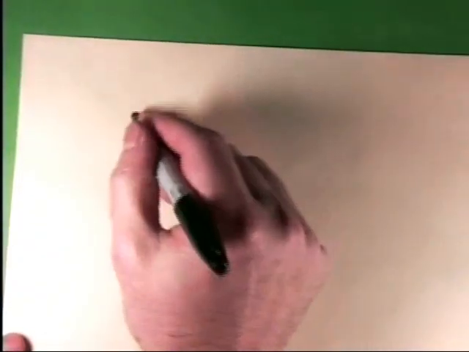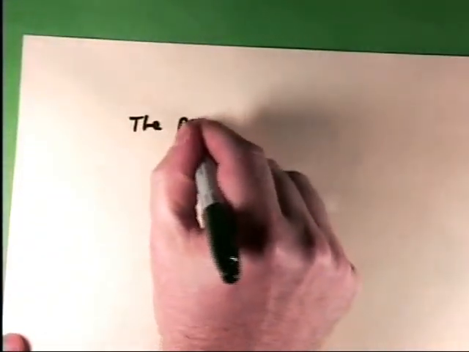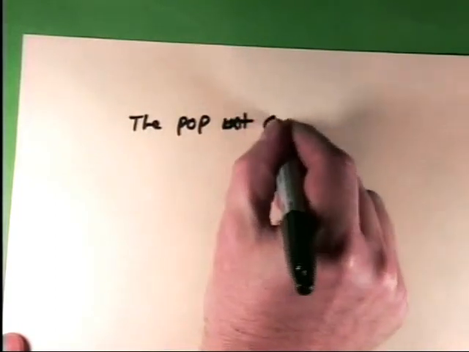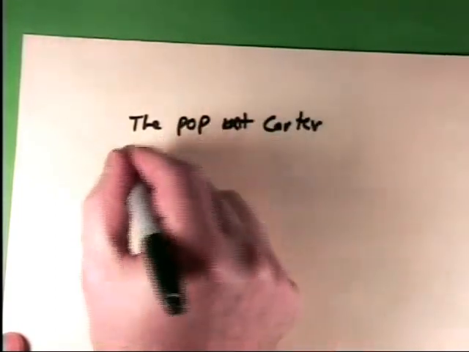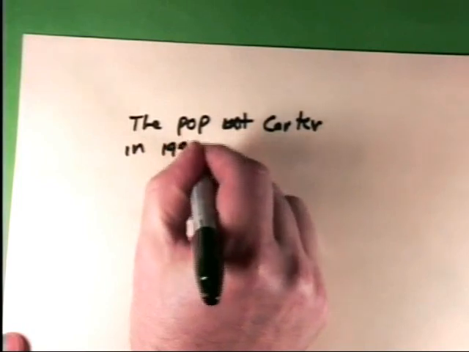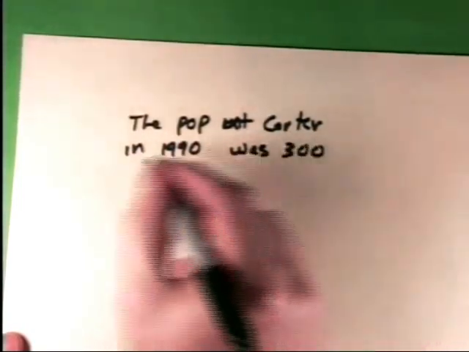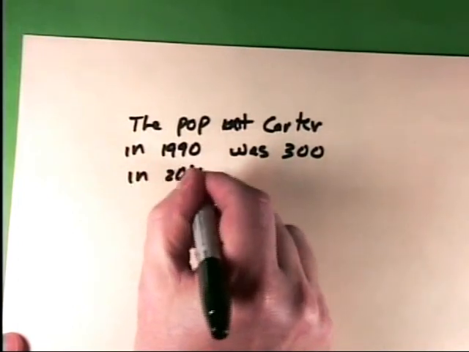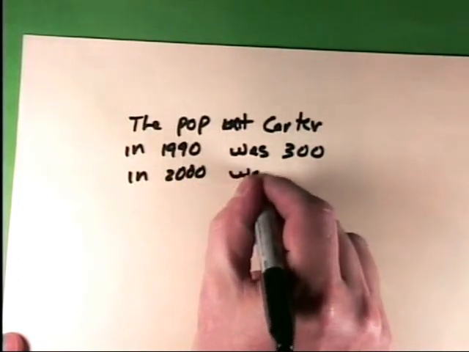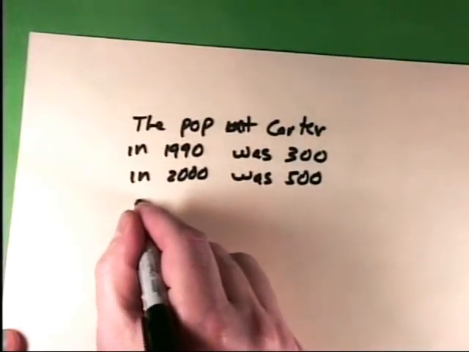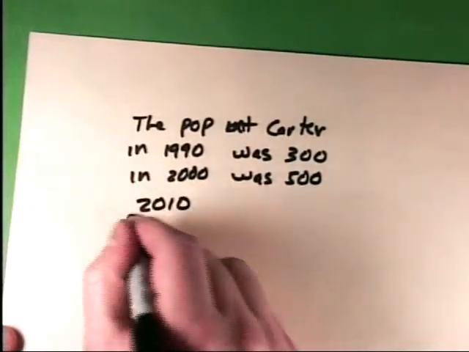How about the population at Carta in 1990 was 300. In 2000 was 500. What do you expect the population to be in 2010?